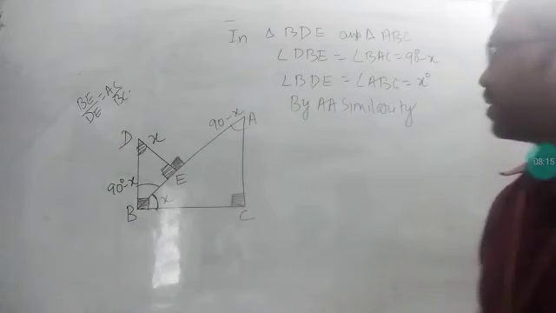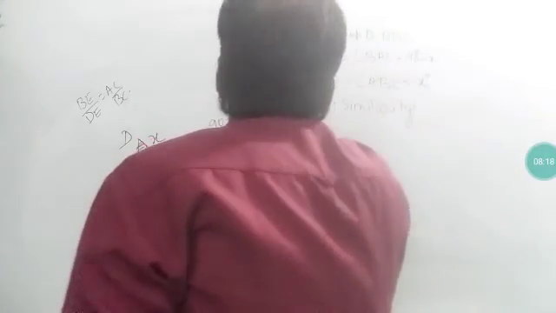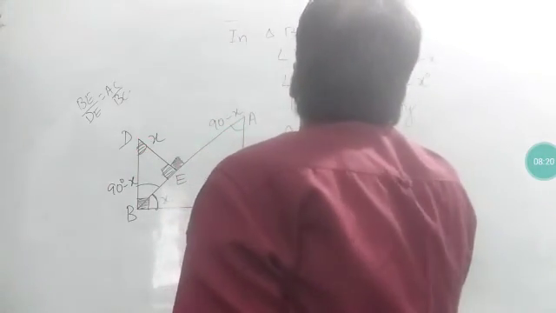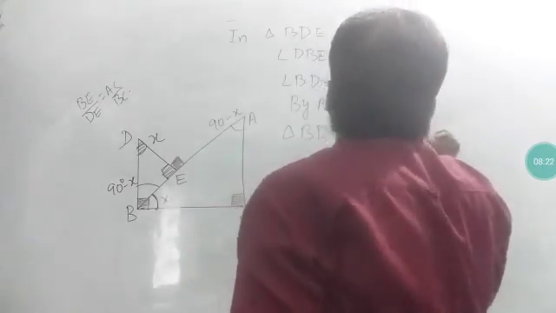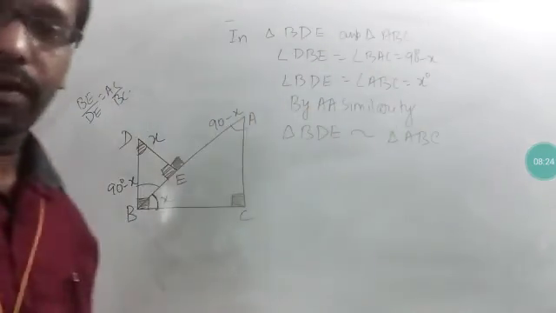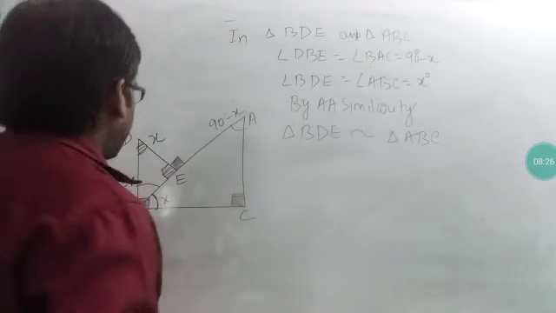So by angle similarity we can say that triangle BDE is similar to triangle ABC. Very good. These two triangles are similar.